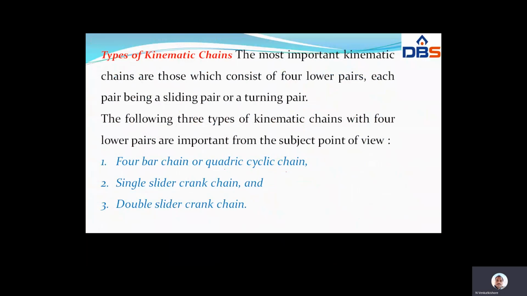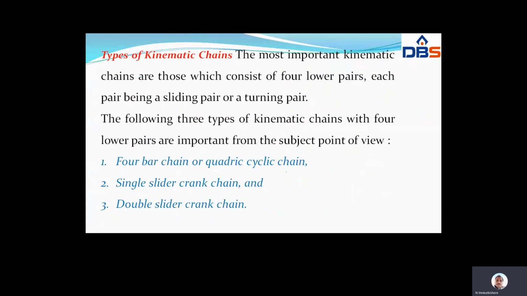Based on that we segregate these different kinematic chains. So chains with 4 lower pairs are different from the subject point of view. One is the 4-bar chain or quadric cycle chain, then the single slider crank chain and the double slider crank chain.